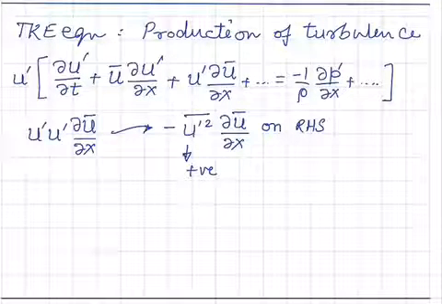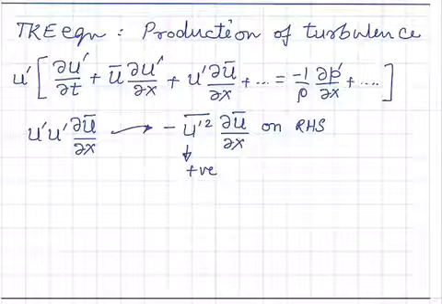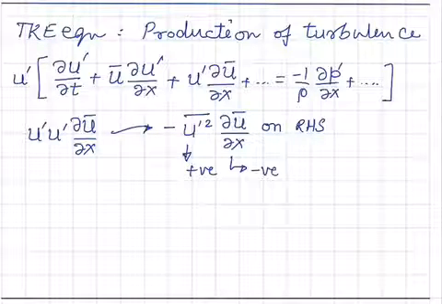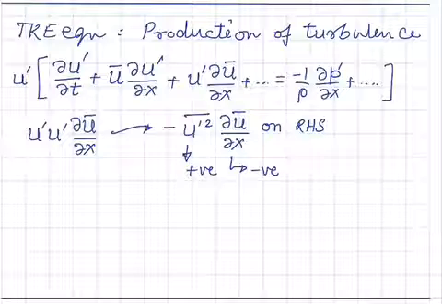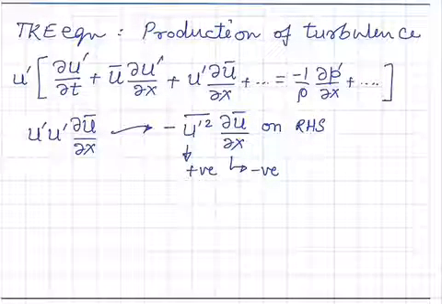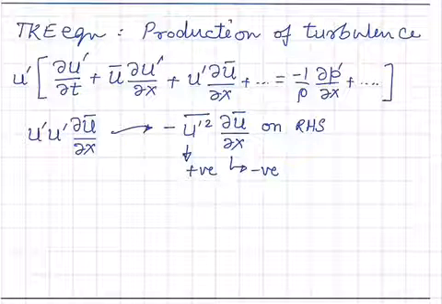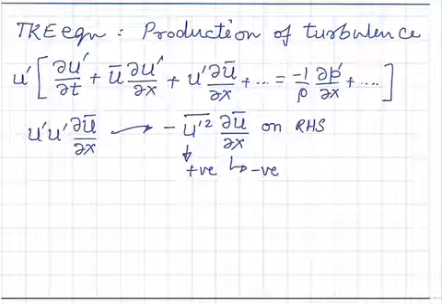And if you look at scenarios when du bar dx is negative, meaning mean velocity decreases with x, a simple scenario would be if the flow passes through a shock wave, where the mean velocity goes from supersonic to subsonic, decreases, and the derivative is negative.